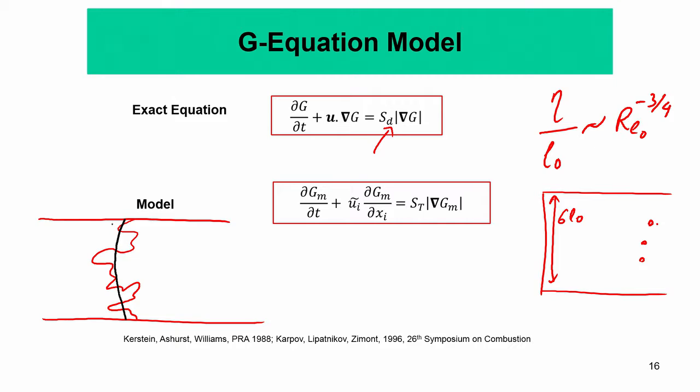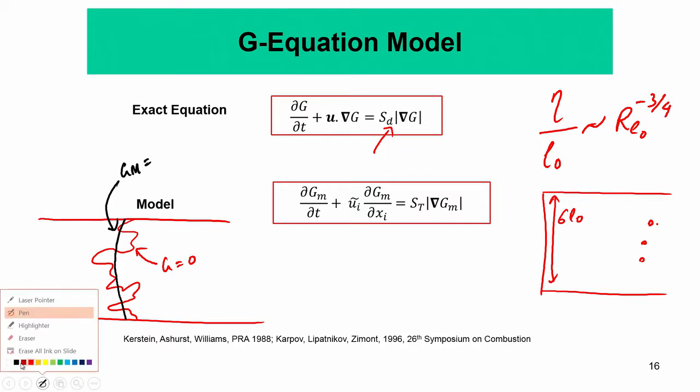So this mean is essentially given by G_M equal to, say, G0, which is a different function, whereas the instantaneous one is given by G equal to G0, which is given by 0. Okay.